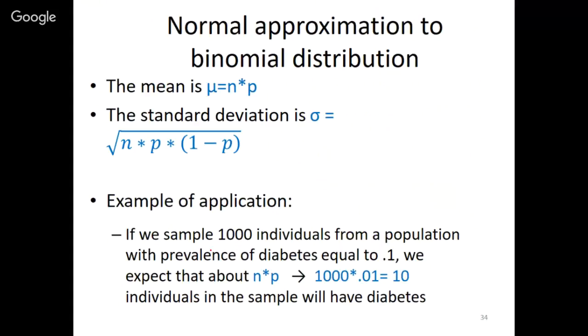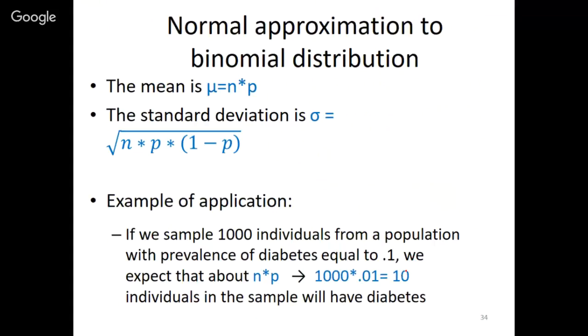If you try to do this in Excel, I believe it will automatically use an approximation, because you can't calculate a factorial of 1,000, and the normal approximation is very good for such a large sample. So with a prevalence of diabetes equal to 0.1, we expect about 100 of them to have diabetes.